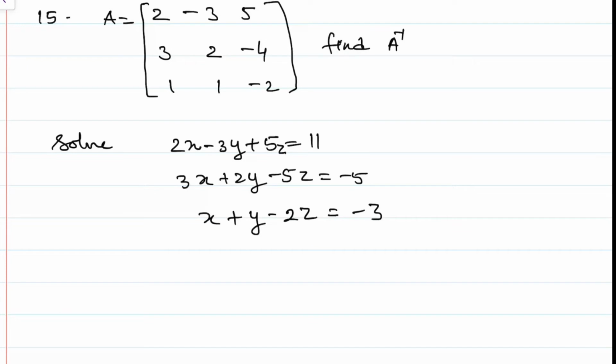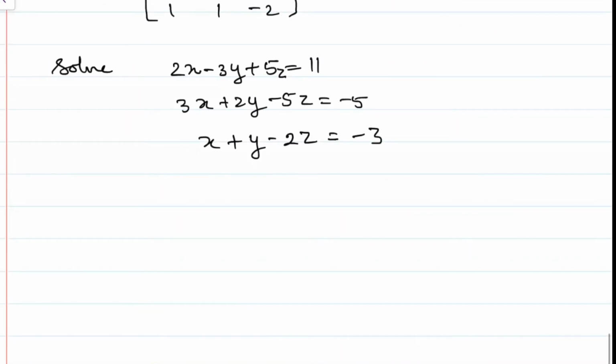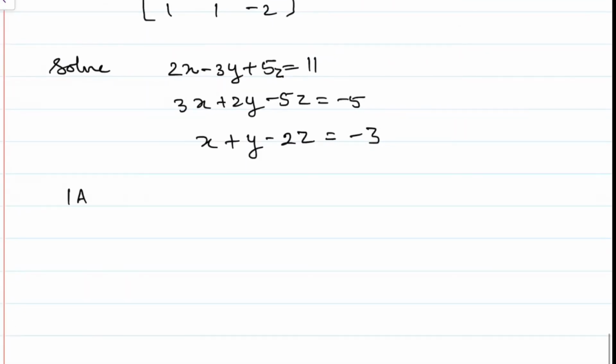Now if you observe carefully, you will see that matrix A is exactly the same as the coefficient matrix of this system of given equations. So we'll find A inverse and use that inverse in solving the given equations.